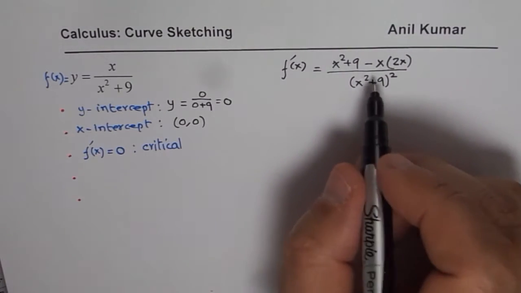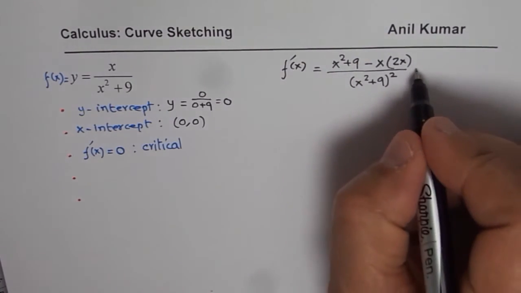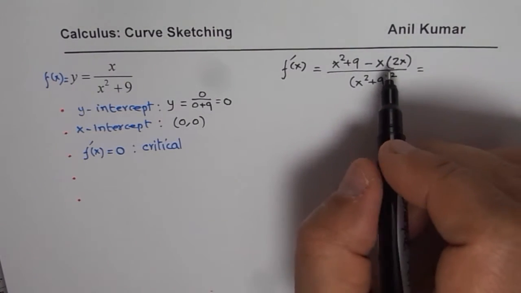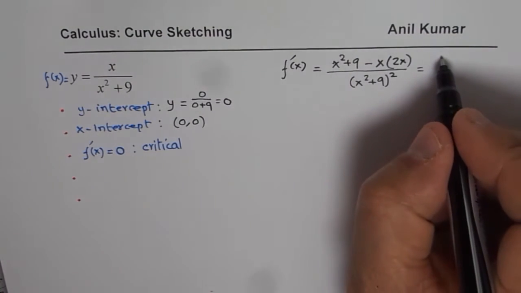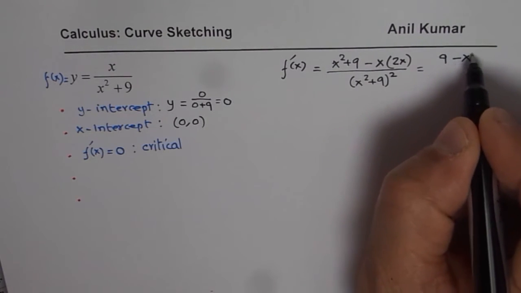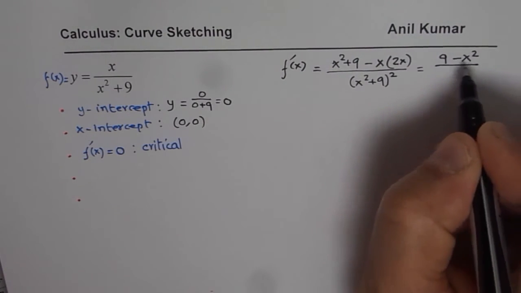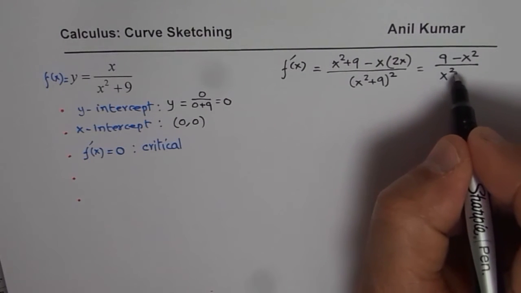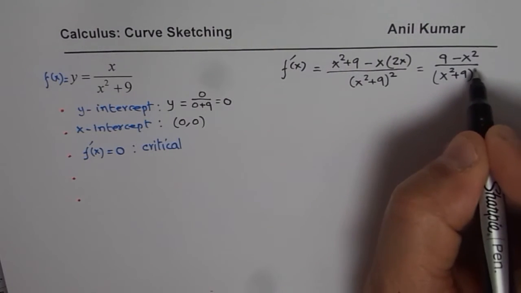So that is what you get. So this is minus 2x squared. You can simplify it. Minus 2x squared means you get 9 minus x squared over x squared plus 9 whole square, right?